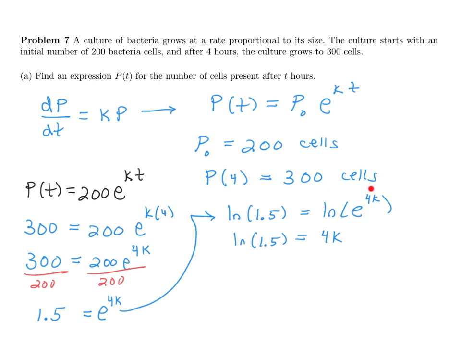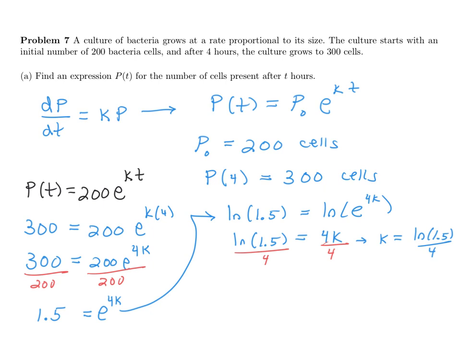If you compose them, it only leaves the exponent. I can divide both sides by 4, and I've just solved for the proportionality constant k. From here, I know k is equal to the natural log of 1.5 all over 4.